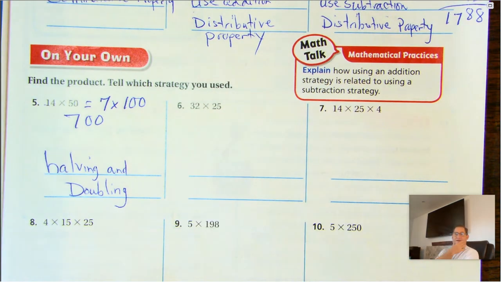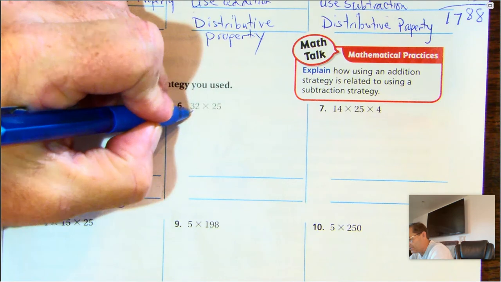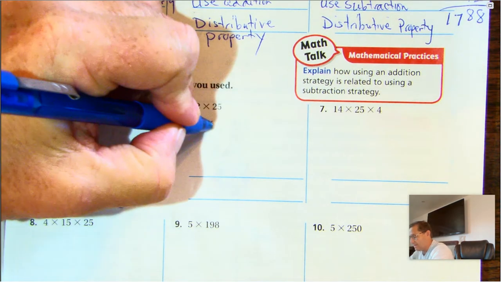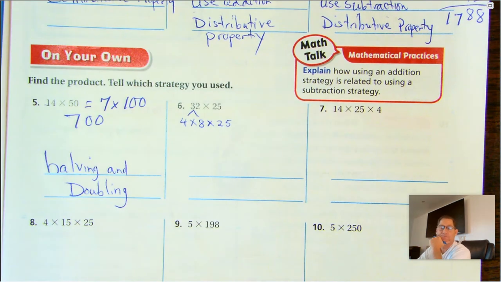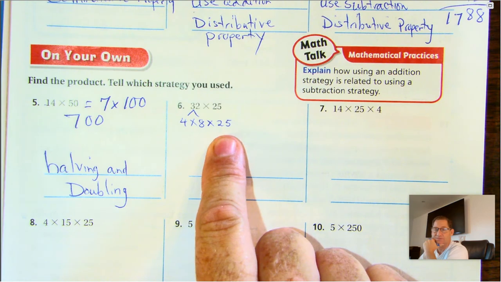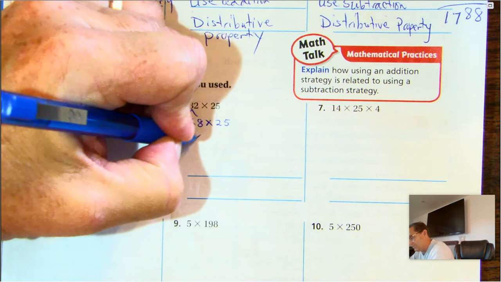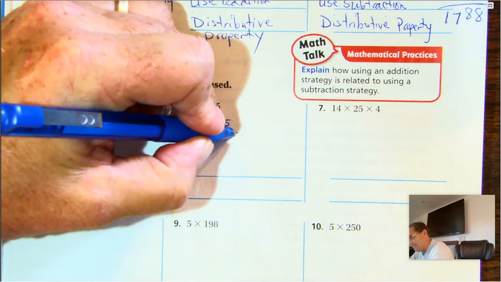32 times 25. Ooh, I don't like that problem at all. You know what? Let's break up the 32. That's 4 times 8, right? So let's go 4 times 8 times 25. I still don't like that 8 times 25. Let's switch the order of the 8 and the 4. So let's go 8 times 4 times 25.